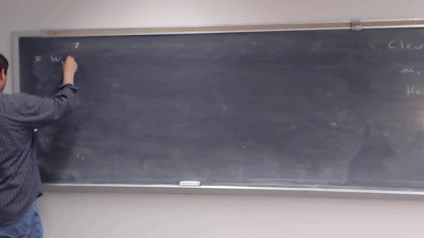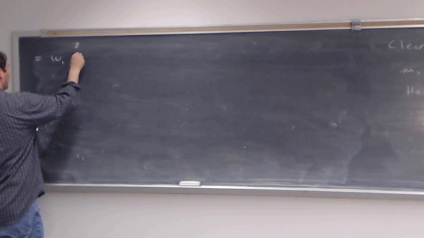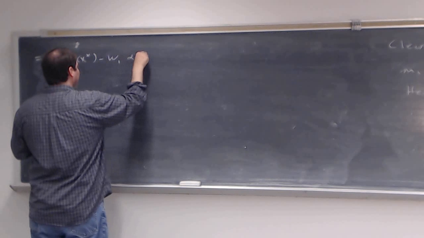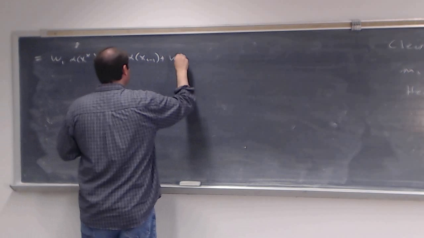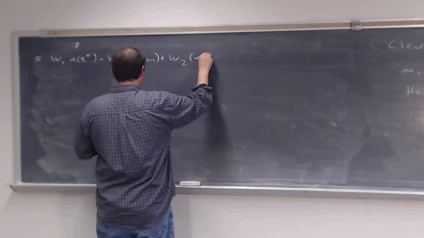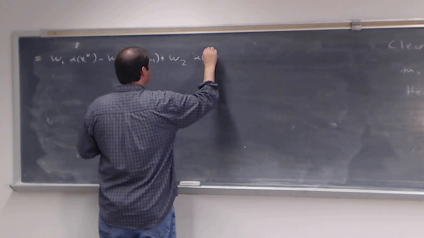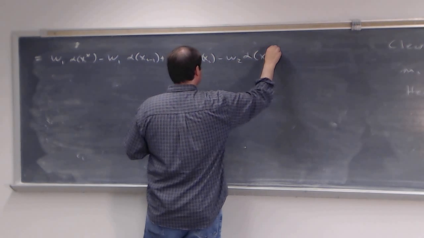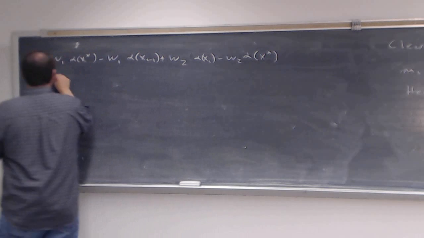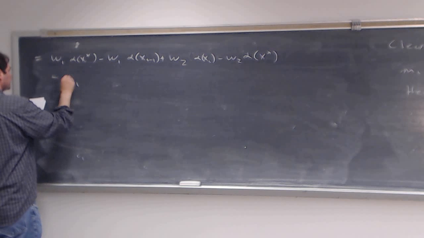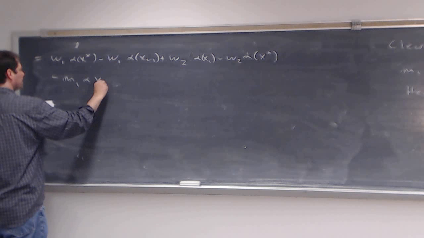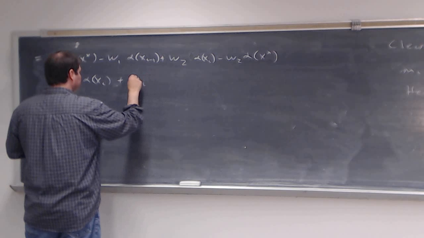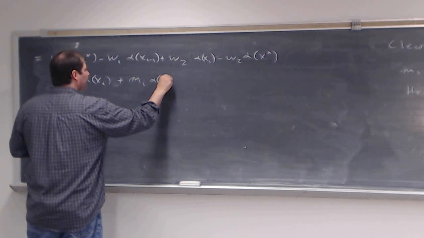So first of all, expand things. It's w1 alpha x star minus w1 alpha x sub I minus 1 plus w2 times alpha x sub I minus w2 alpha x star, and then minus m sub I alpha x sub I plus m sub I alpha x sub I minus 1.